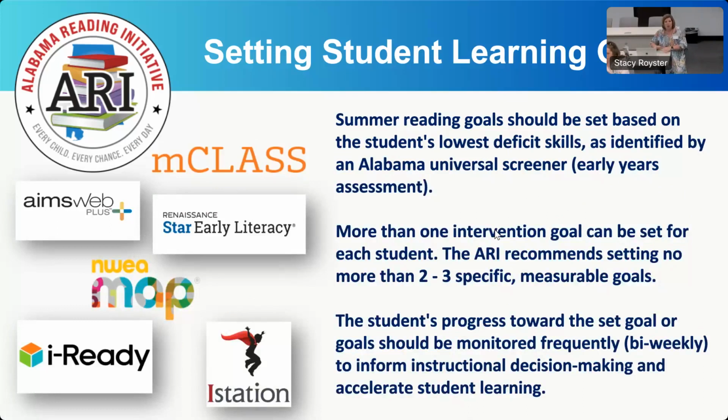We don't want you to have to take the composite score or figure out what the composite score is, because as we really started to think about your summer reading camp data, we want this to impact instruction. And if you're looking at just a composite score, you have no place to go. You don't know where you're going to move instruction.